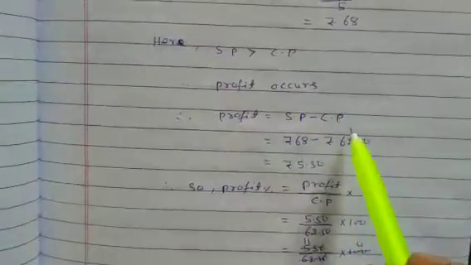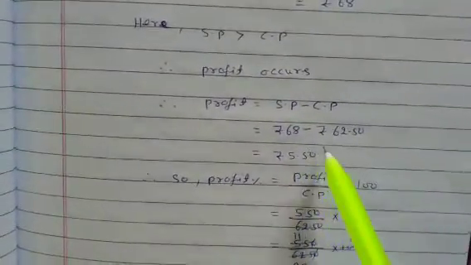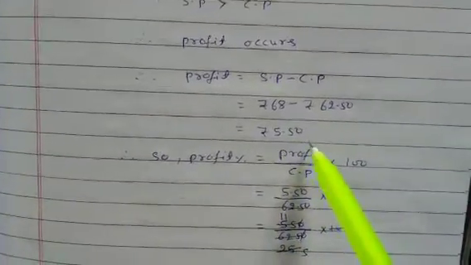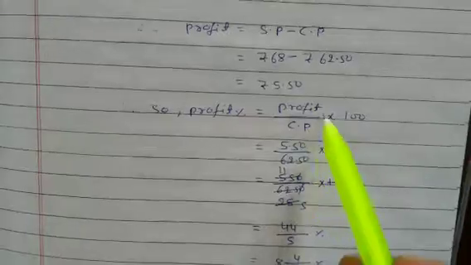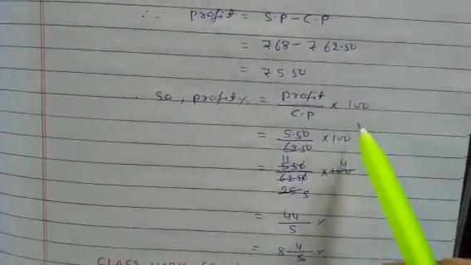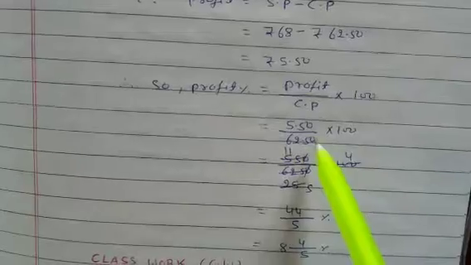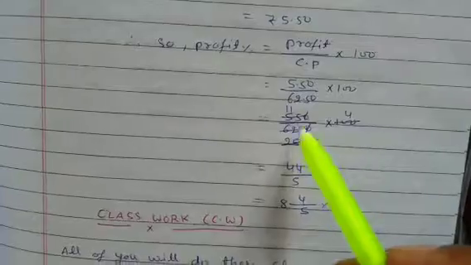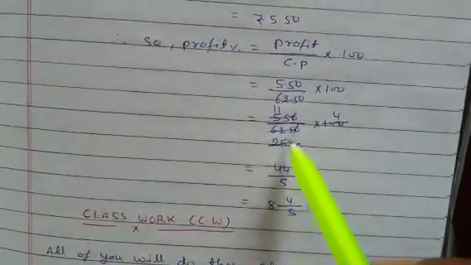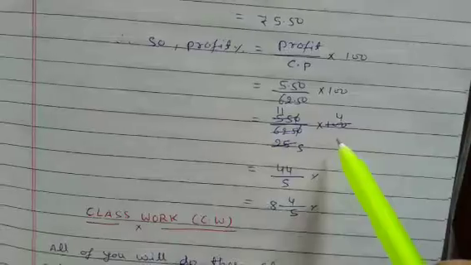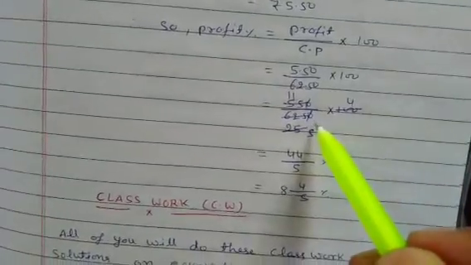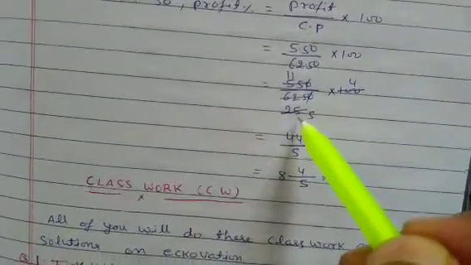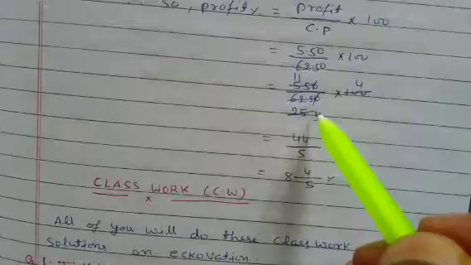So profit is equal to SP minus CP, equal to rupees 68 minus rupees 62.50, equal to rupees 5.50. So profit percent is equal to profit by CP into 100, equal to 5.50 by 62.50 into 100, equal to 550 by 6250 into 100. 0 and 0 cancel. 25 fours are 100, and 25 twenty-fives are 625.